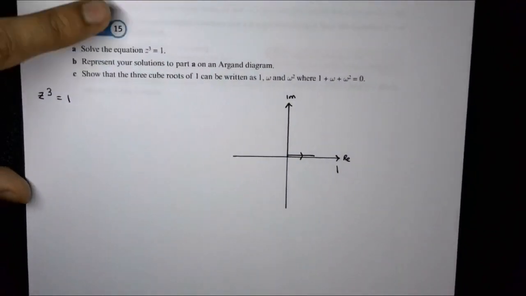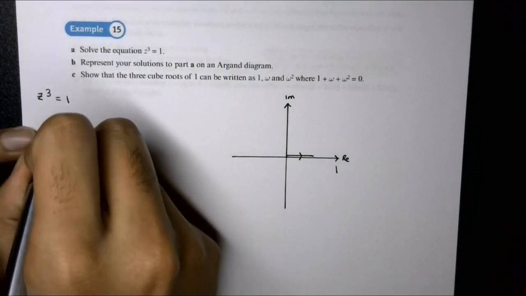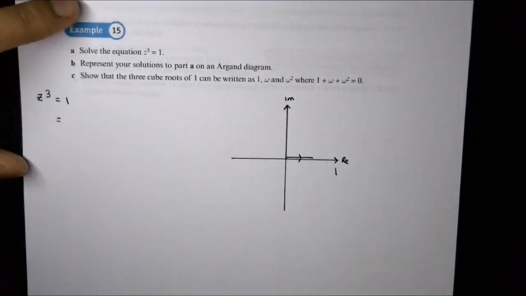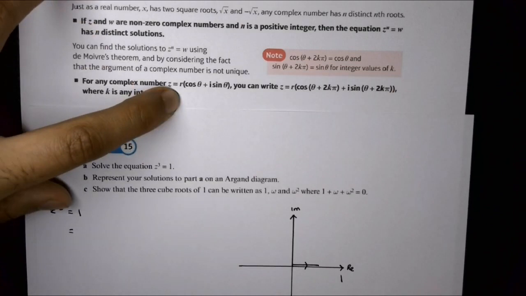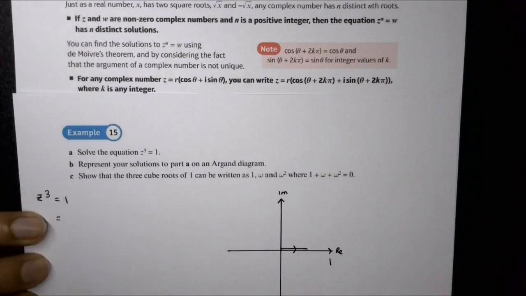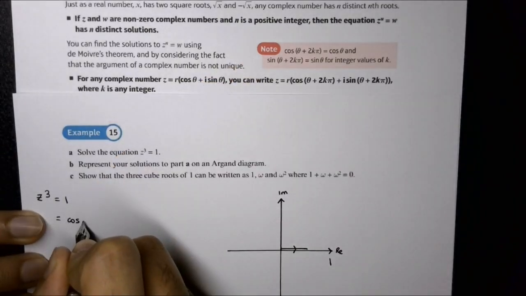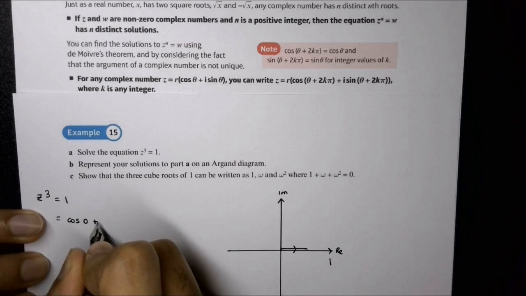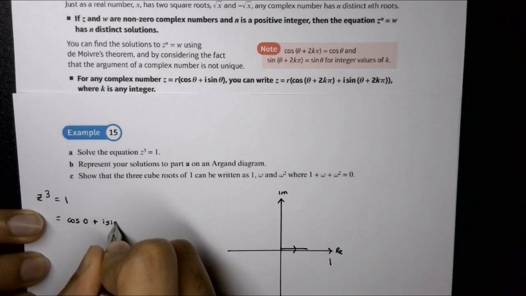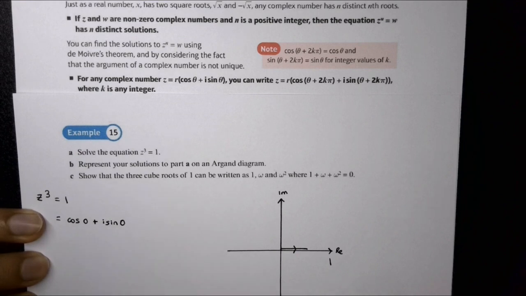So what we can now do is express z cubed equals 1 in this form over here. So we've got 1 times cosine of theta plus i sine of theta, where theta is equal to 0.